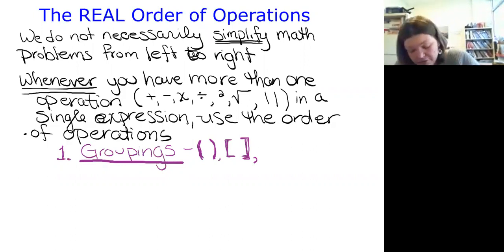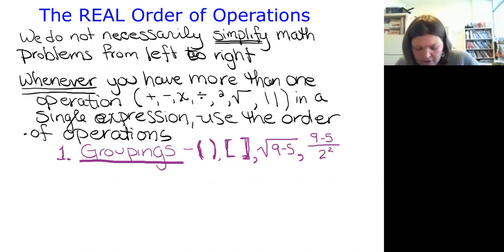Like you might see a problem on the inside of a square root symbol, and there might be work to do in there. Like, I don't know, 9 minus 5 might be inside of there, and you would want to start on the inside of your grouping first. You could see things grouped with fraction bars. A fraction bar naturally groups things into a top group and a bottom group. There might be work to do on the top and work to do on the bottom. And so I have a natural grouping of a top and a bottom.